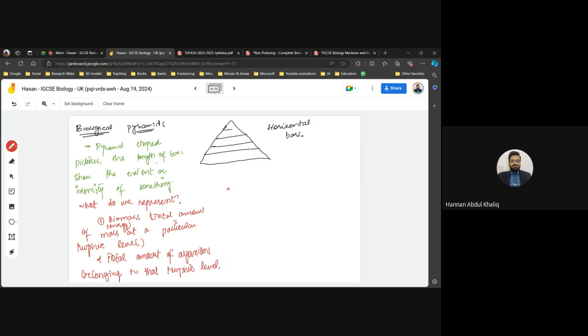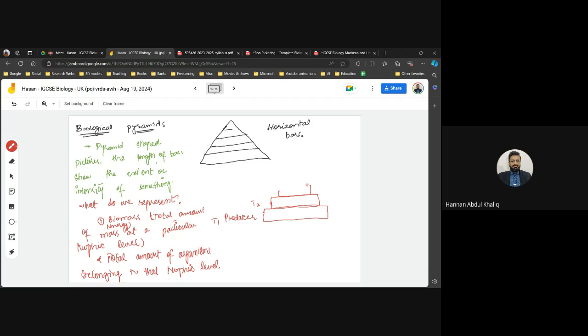Let's say we create a pyramid. If I ask you to create a pyramid starting from producers, you have to see how much energy or mass is present at the producer level. We are 100% sure that at the producer level we would have the highest amount of energy. Since the mass is created by the energy, the next trophic level would have less energy than the first.